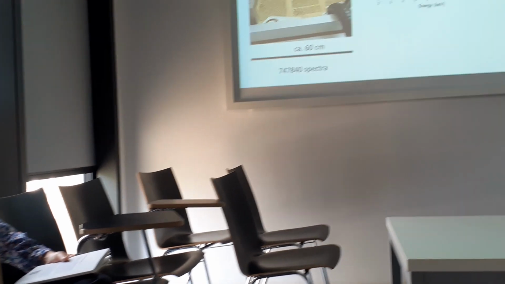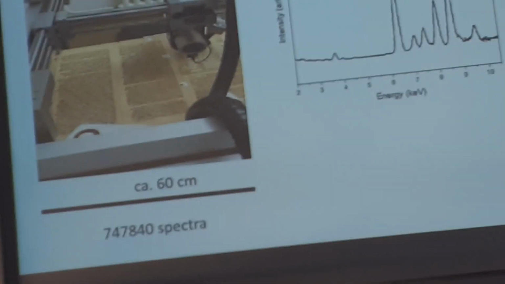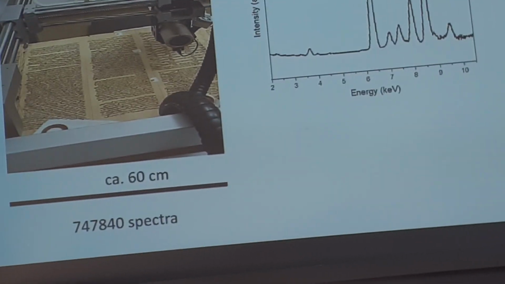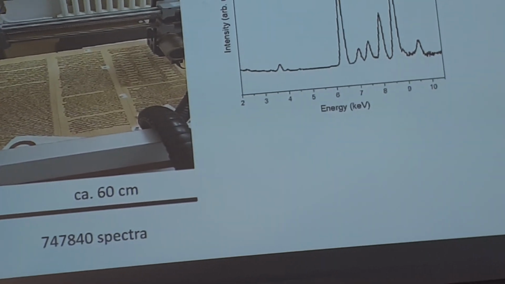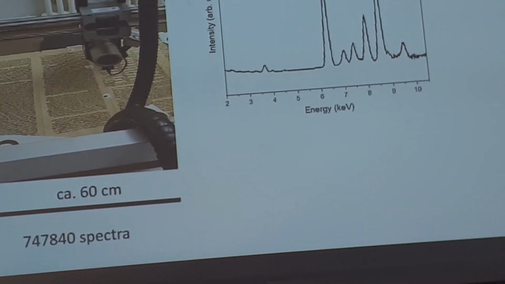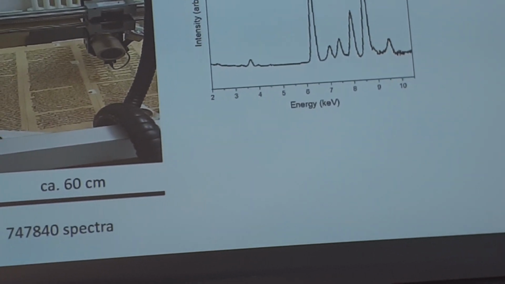One of the tools which I love using, and I've been using a lot throughout my PhD and previous works, is an imaging XRF. Such a device moves the probe, as you can see in the image, over the area which one is investigating, and collects spectra, such as the one shown in the middle of the slide.